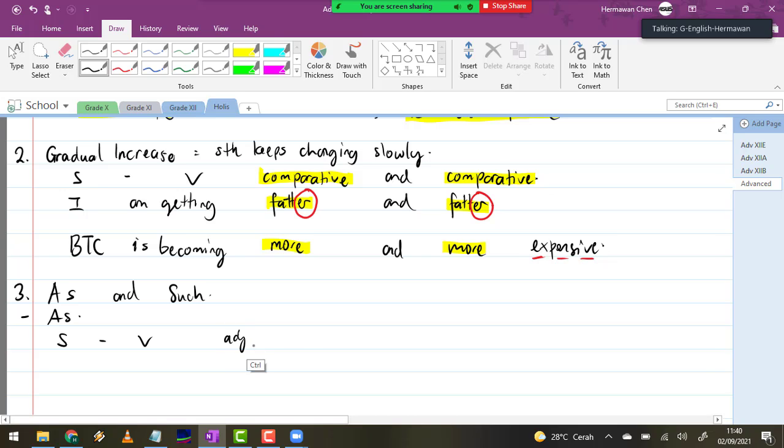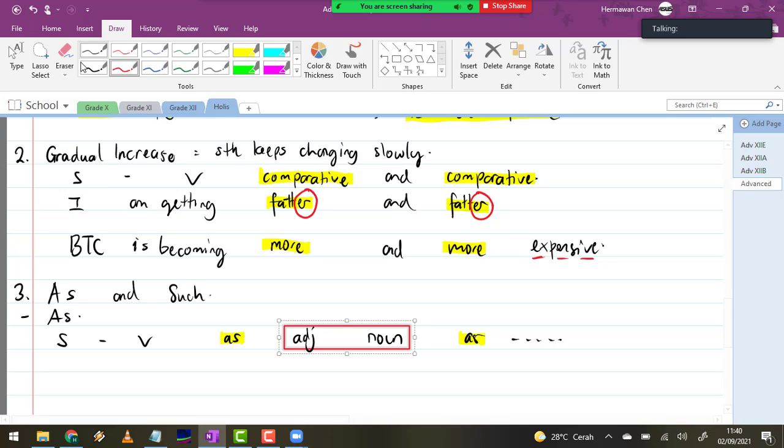Sorry, I skipped the conjunction. As, and then adjective, noun, as, and so on. Okay, the items compared are two: the reality and someone's thought, usually. Okay, that's the pattern.